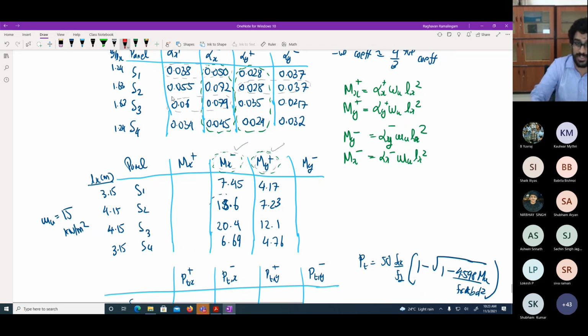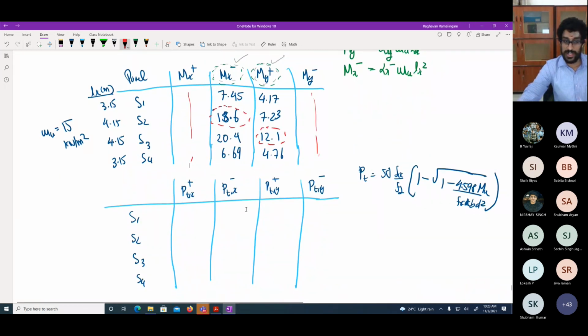For example, here I am able to find the maximum X negative moment is this, and the maximum Y positive moment is this. Similarly, I need to find the maximum of this and this, and the corresponding reinforcements. That is actually needed, but for the sake of time, I'm not doing that.